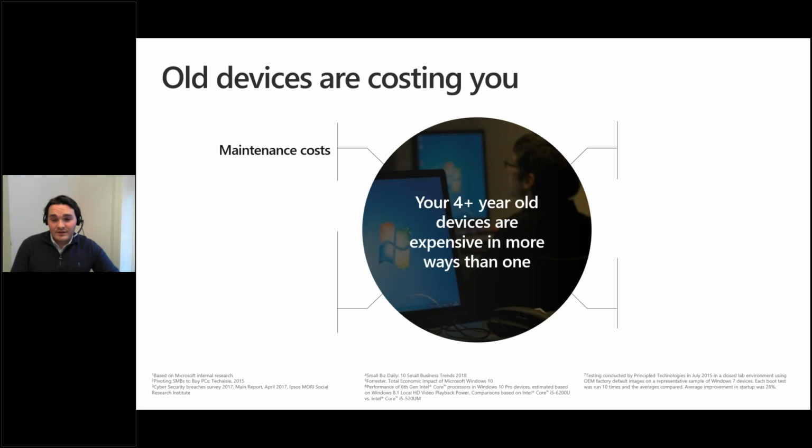Well, first and foremost, we got to look at the maintenance cost of having an old device, because a PC older than 4 years could potentially cost around 1.5 times as much as a modern PC. And we've run our stats and we ran the numbers. This would convert to around 1,300 euros per year per unit.